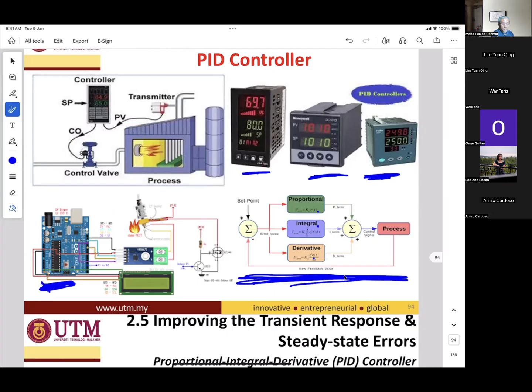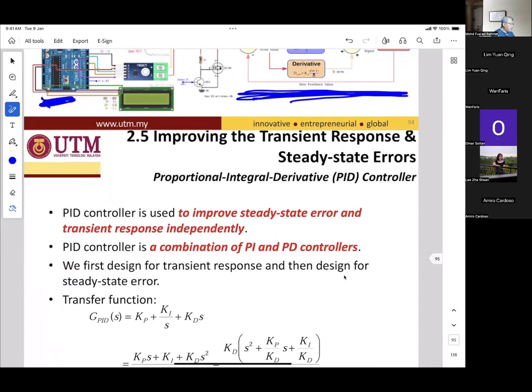Simultaneously, 2 in 1 together, so that you can achieve the stability, fast response, and zero steady state error.